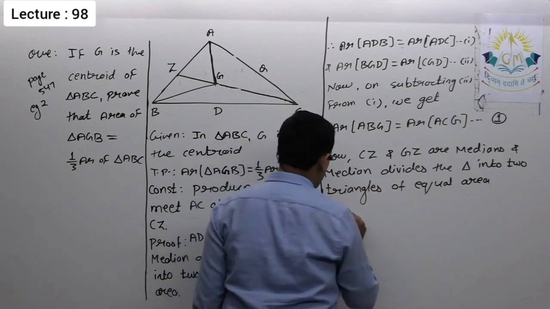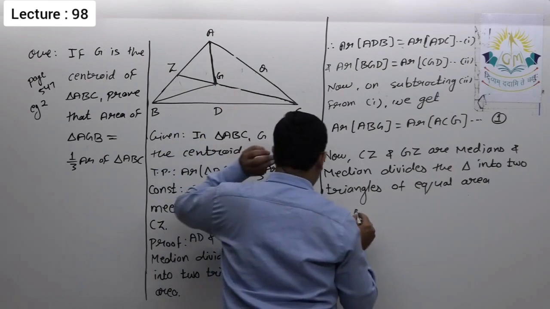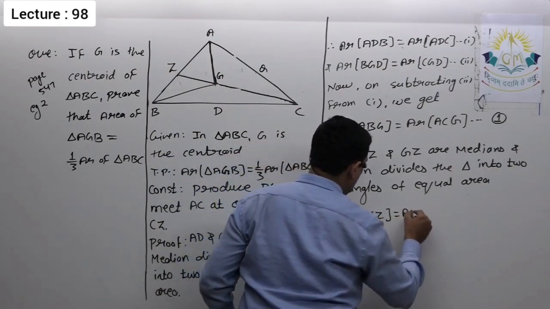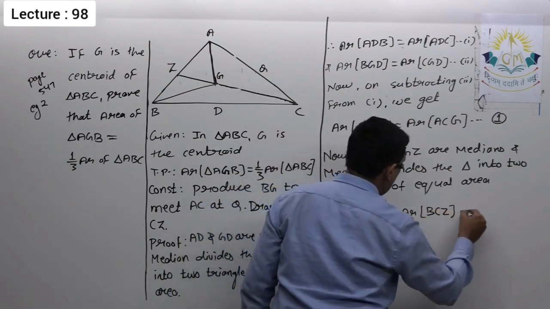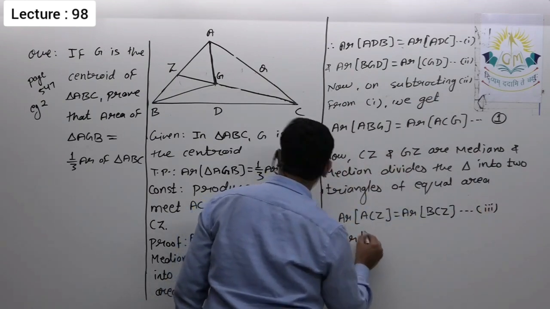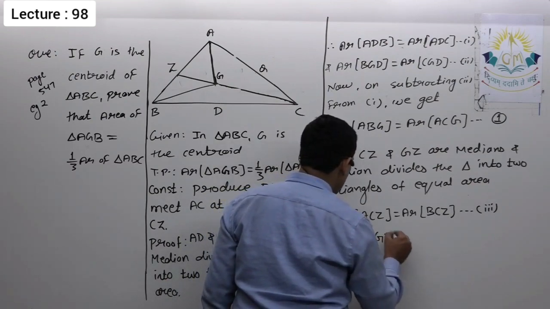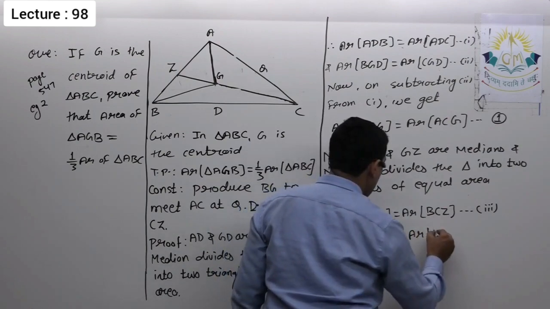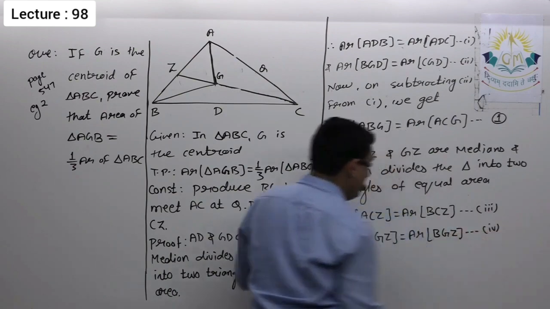Therefore, I can say area triangle ACZ is equal to area triangle BCZ. Let it be equation number 3. And I can also write area triangle AGZ is equal to area triangle BGZ. Let it be equation number 4th.